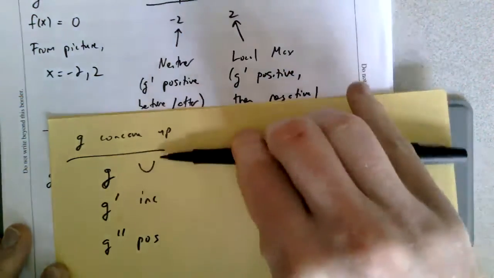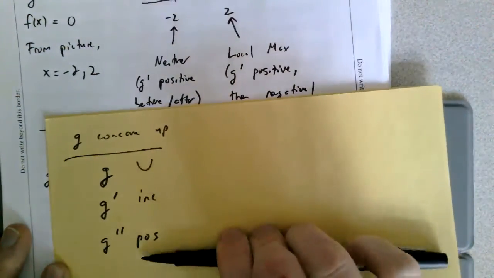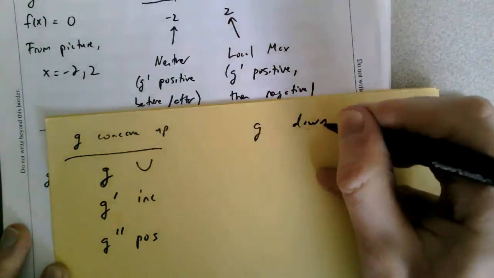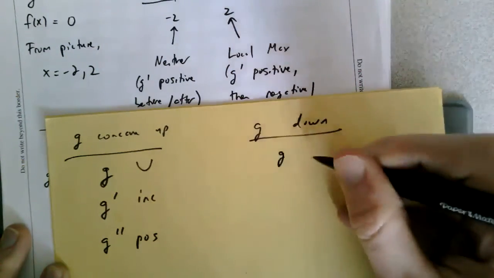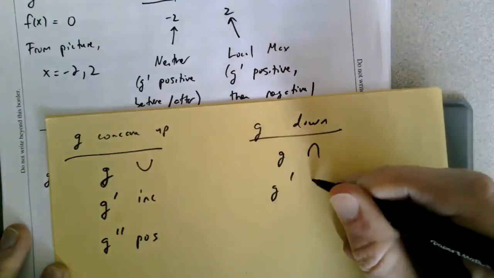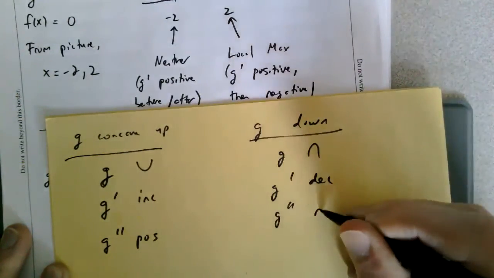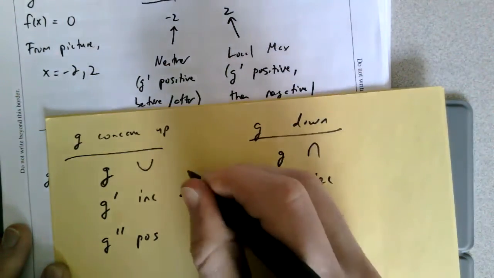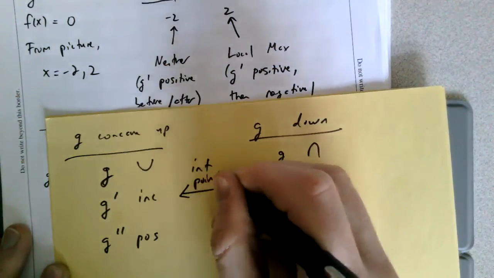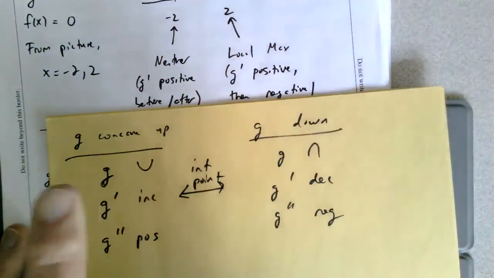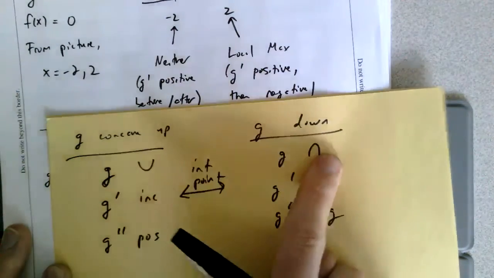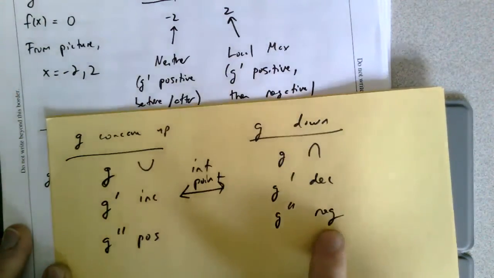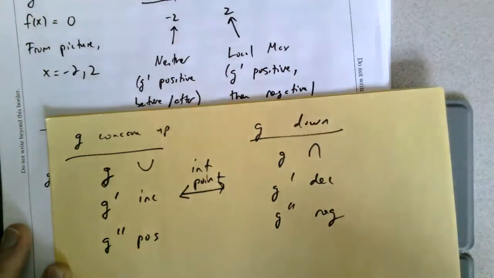And you can use whichever of these levels is suitable. g concave down obviously just means the reverse of all of that. Therefore, an inflection point is any place where you go from happy face to frowny face, or from g prime increasing to decreasing, or g double prime positive to g double prime negative, or the other way around.